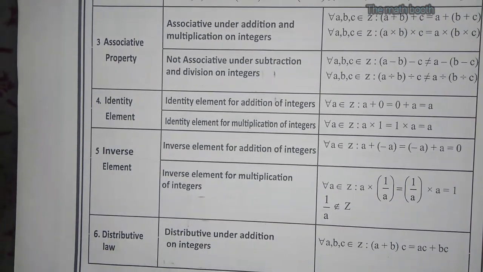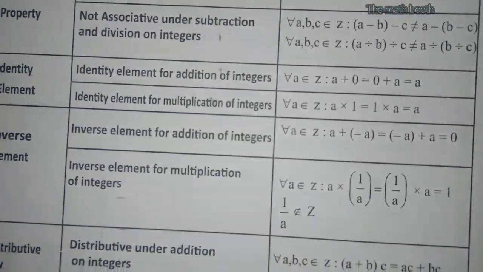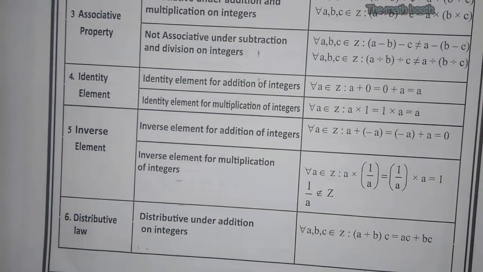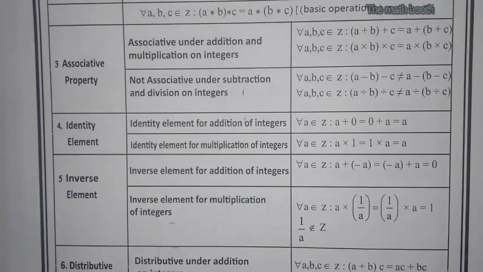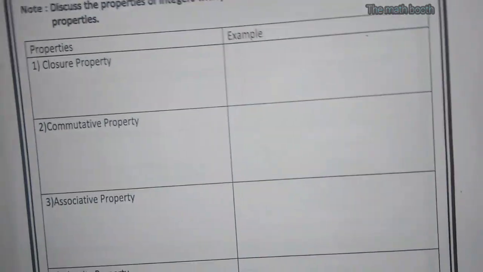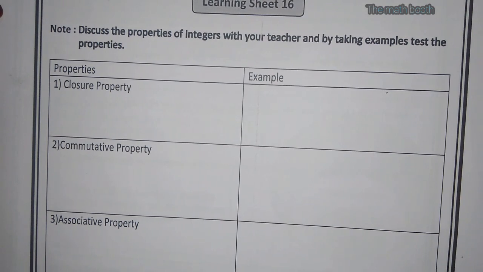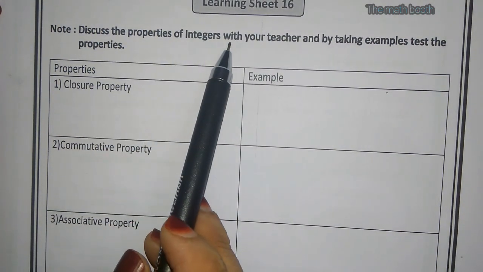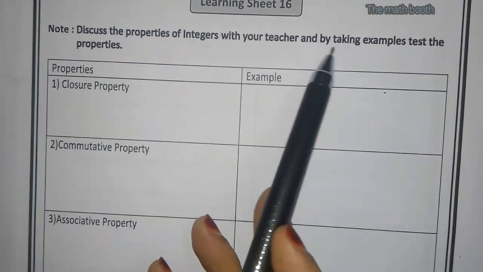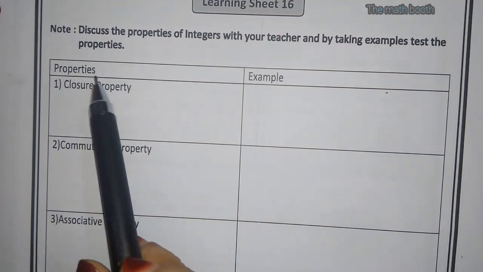Let us solve learning sheet 16, because they have told us to take a few examples and solve this learning sheet. Now let us start. Discuss the properties of integers with your teacher and, by taking examples, test the properties.